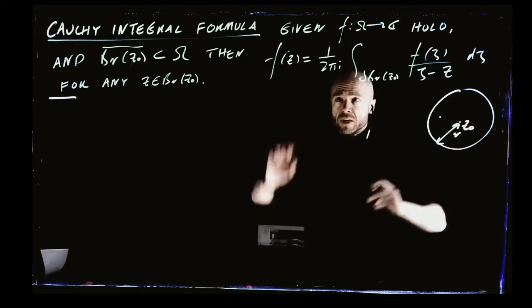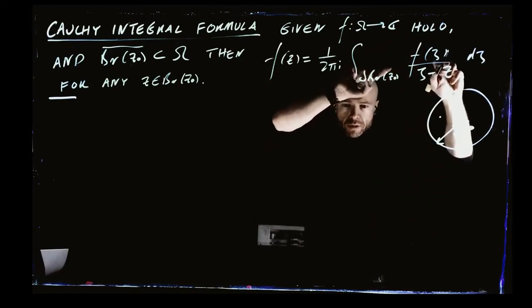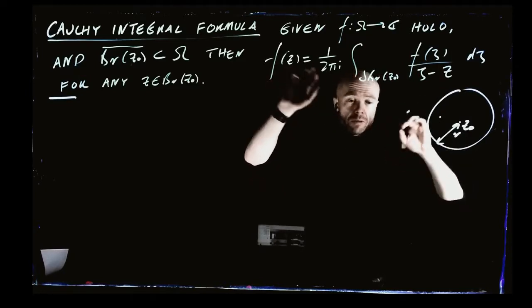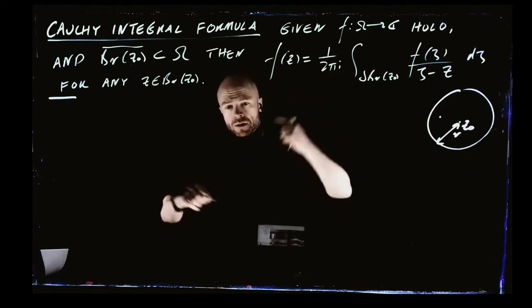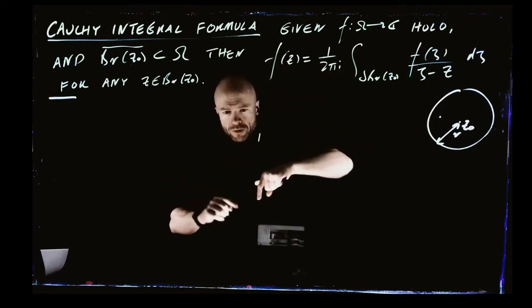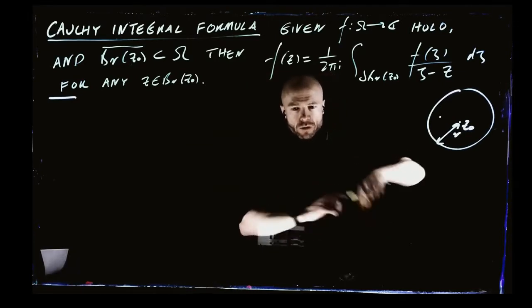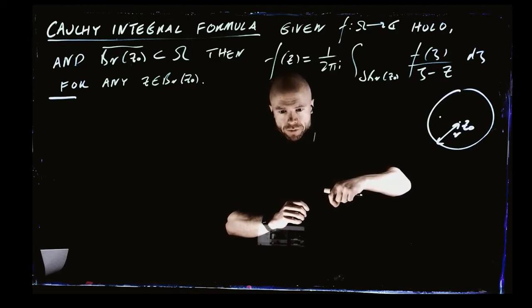And we can find out what this value is just by integrating around the boundary of the ball this weird-looking expression, yeah? And in a particular situation, when you took z equals z0, then this thing just reduced down to taking the average around the boundary of the ball of the real part plus i times the average around the boundary of the ball of the imaginary part, yeah? That's what we found out, yeah?